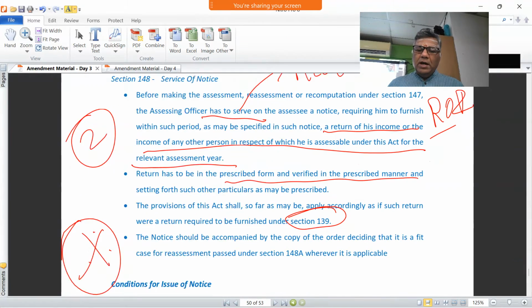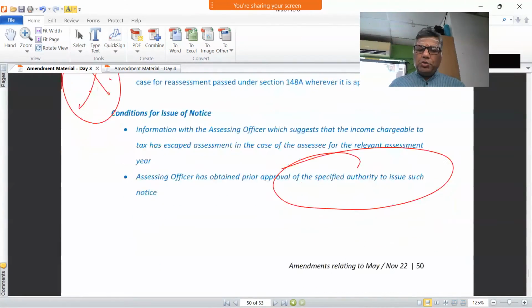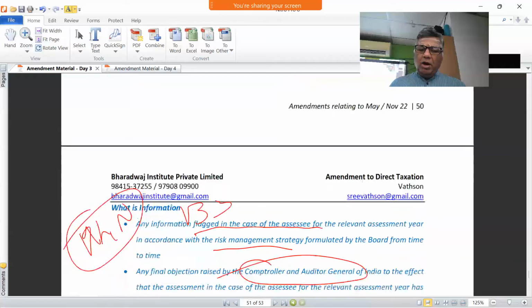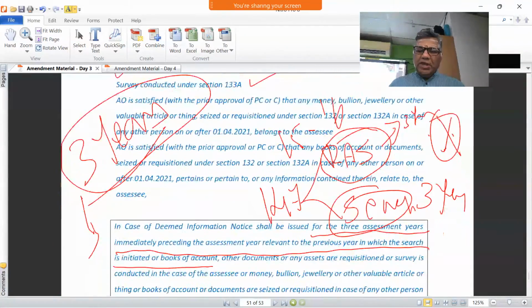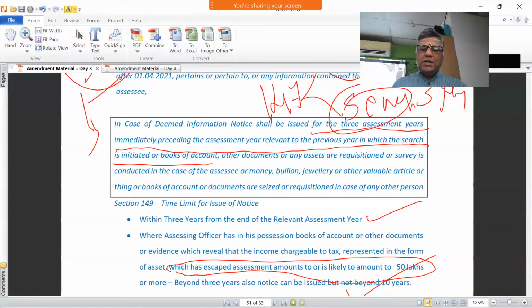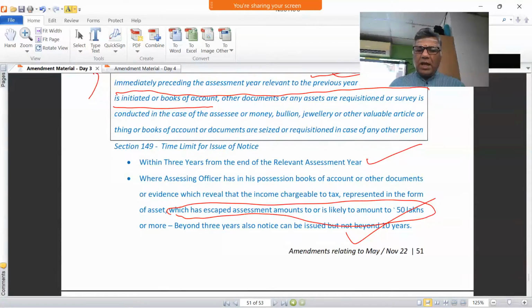Where reassessment is not due to either B or C, my dear friends, the time limit is 3 years from the end of the relevant assessment year.